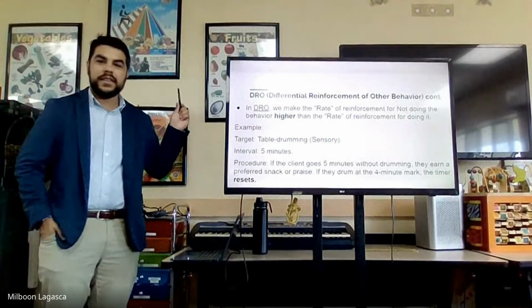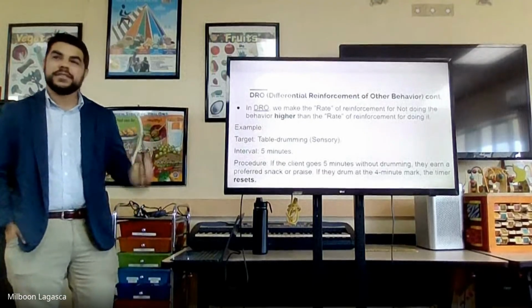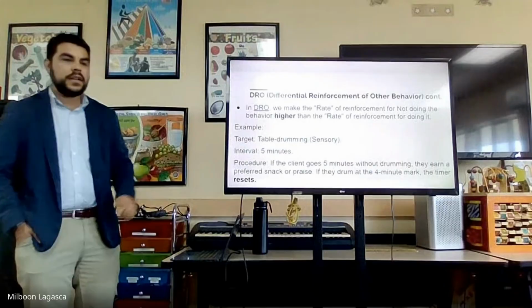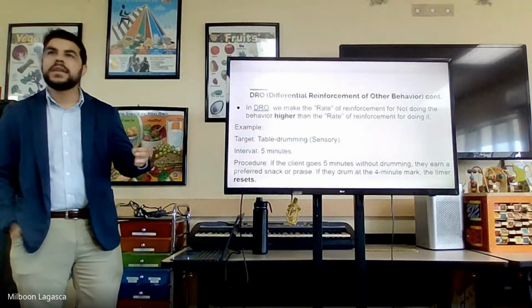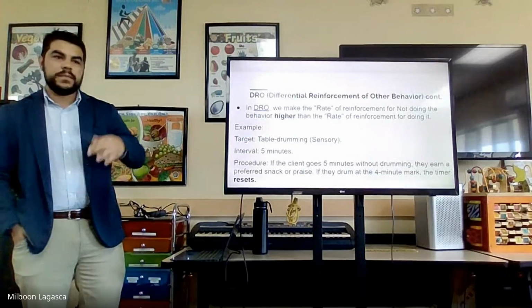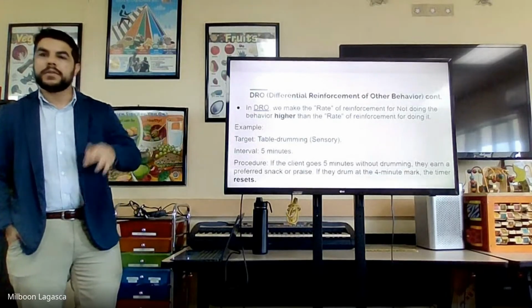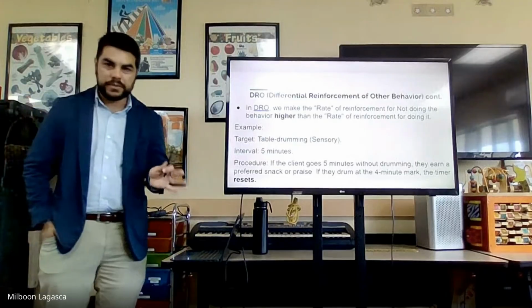However, if 4 minutes transpires and they engage in the behavior, then you would reset the time and reinforce the next instance where the behavior is absent for that 5-minute duration.